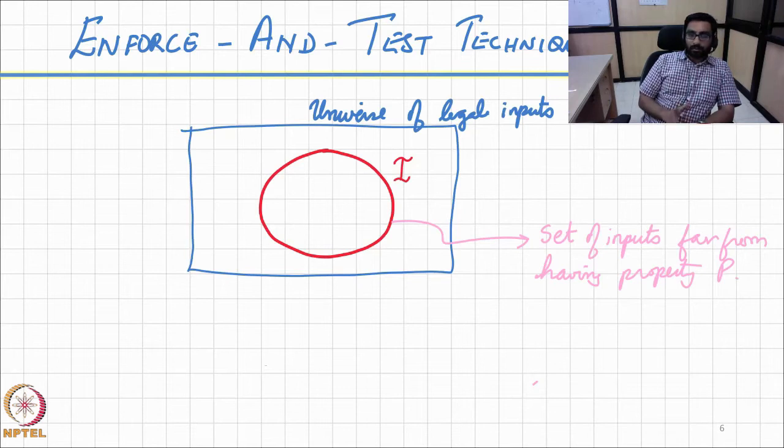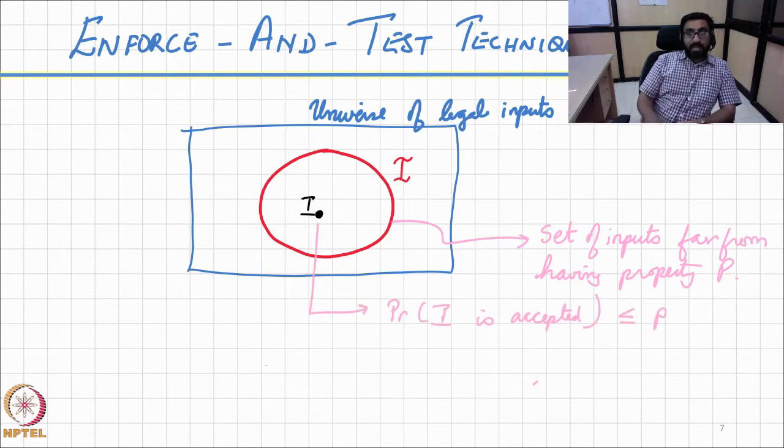But we need to be a bit careful about this. So let's think through this carefully. Now let's say this rectangle here represents the universe of all legal inputs, and within that we have a set I, and this is the set I of inputs that are far from having the property that we are interested in testing.